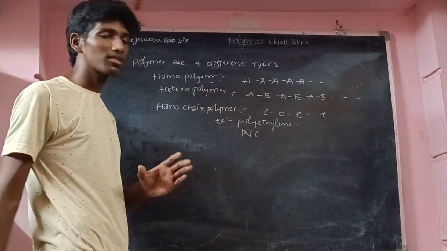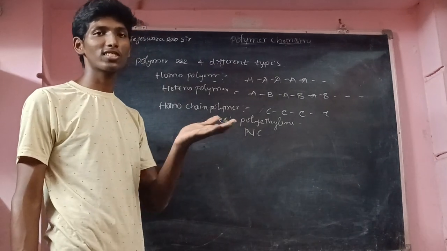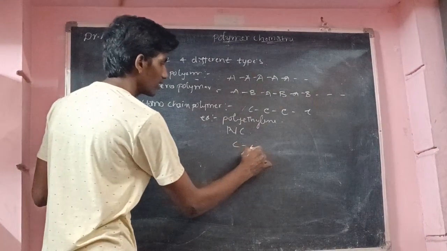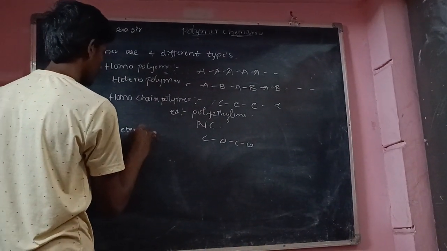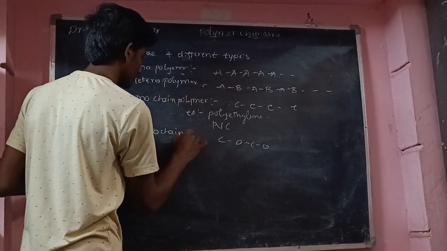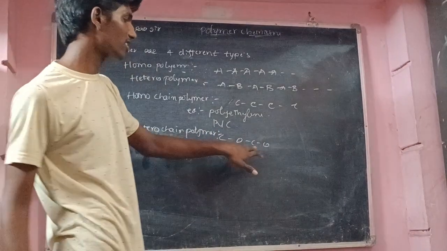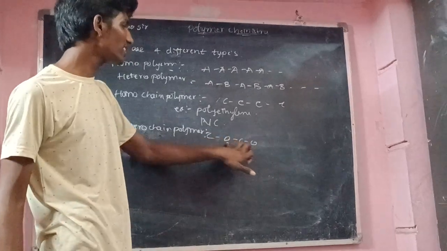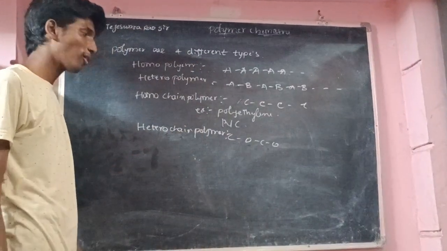And a heterochain polymer contains different atoms in the main chain, like carbon and oxygen. The main chain consists of two different types of atoms. It is called a heterochain polymer.